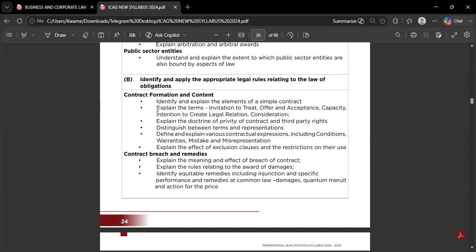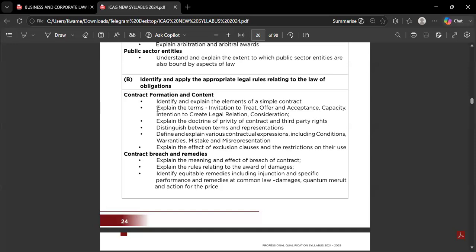So at the formation stage, we know there's an offer and there should be an acceptance. Both parties, the party that is offering and the party that is accepting, have rights and obligations. They are all bringing a consideration, they are all putting something into the contract. That's the formation stage.